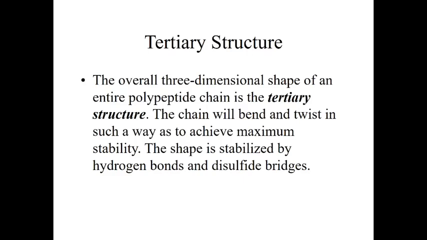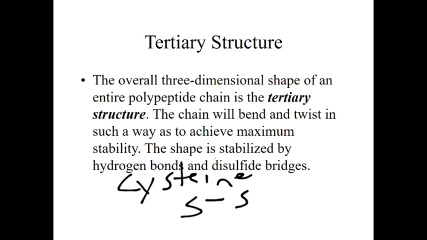The tertiary structure is stabilized by hydrogen bonds and also these bonds called disulfide bridges, which typically occur between amino acids called cysteines that are found in protein. The R groups of these cysteines contain the element sulfur. So if two neighboring cysteines get nearby, those sulfurs will bond and form a bond, a disulfide bridge, which will help to stabilize and hold in place the tertiary structure of a particular protein.